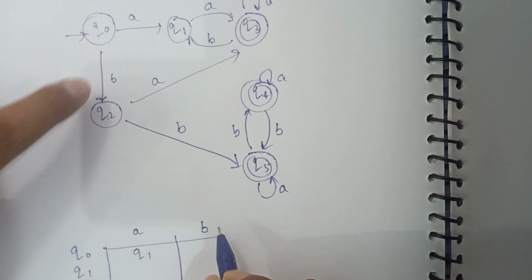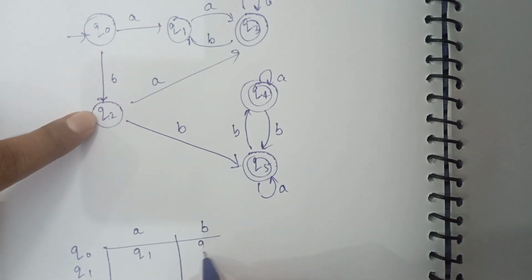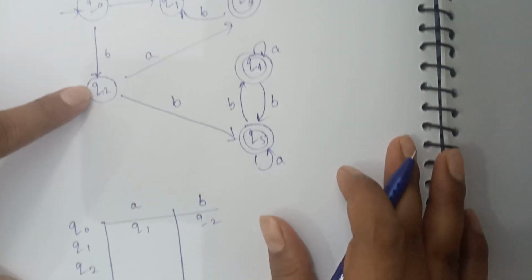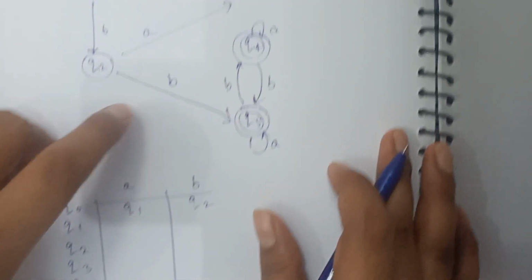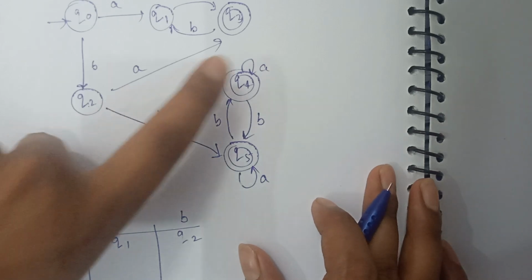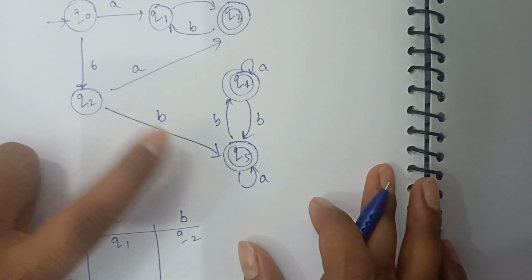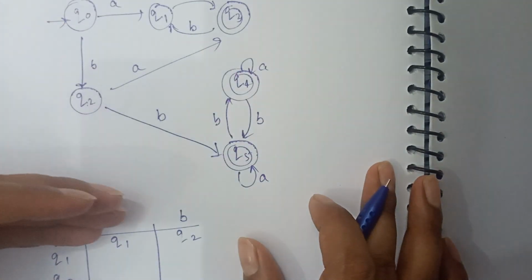For B, Q0 is going to Q2, so we will write here Q2. In a similar manner, we will check for everything, like Q2 for A is going to Q3, and for B, Q2 is going to Q5. In this manner we will arrange it.